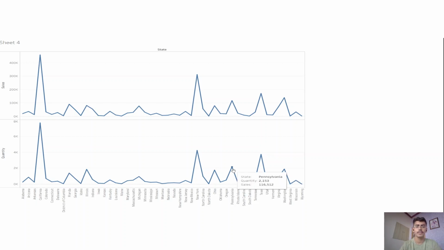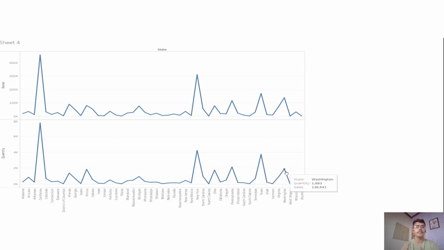then one thing is noticeable: in Pennsylvania the quantity is around 2,000 and sales is around 116,000. And in Washington the quantity is around 1,800 and sales is around 138,000. So quantity sold is less in Washington compared to Pennsylvania, but the sales is more in Washington.